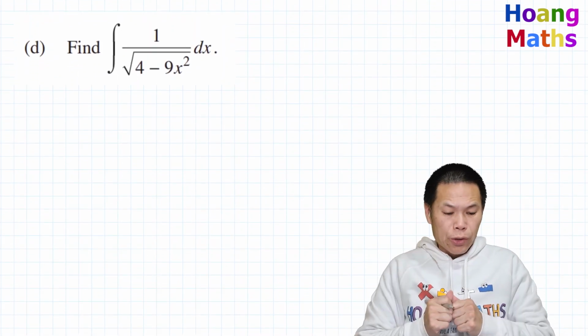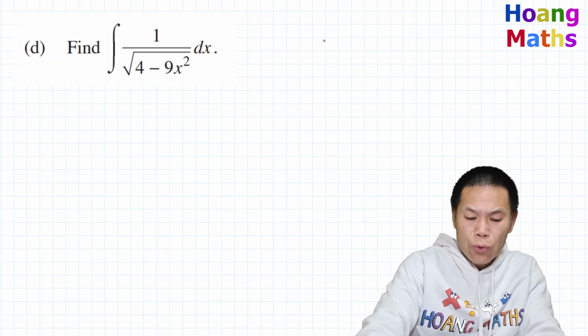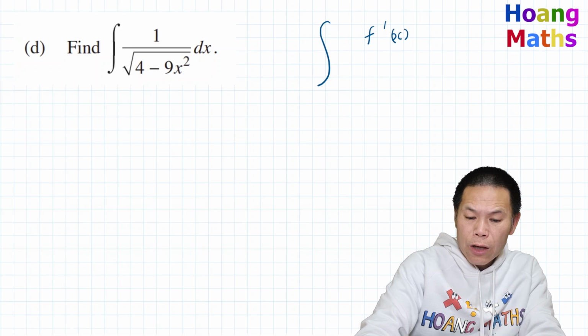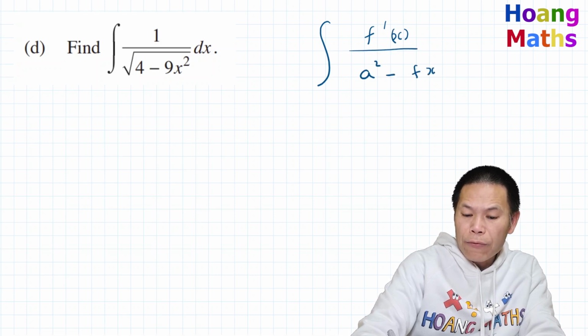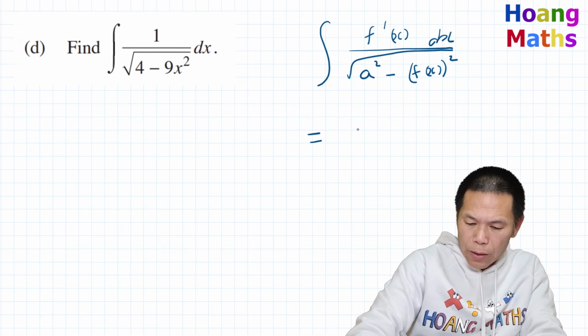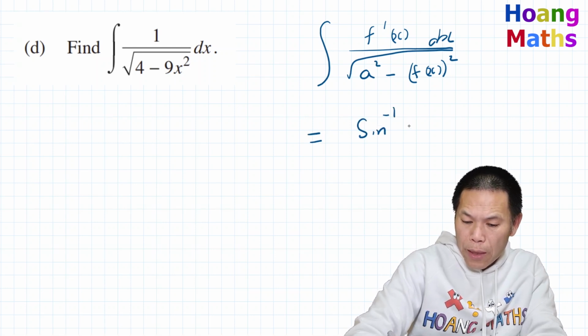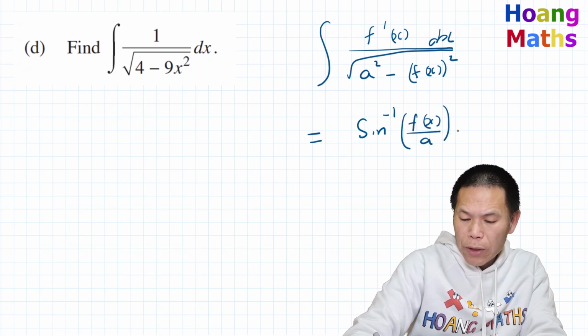Part D. So to integrate this, first of all, we know that the rule is if we integrate f dash x over the square root of a squared minus f of x all squared dx, it will give me sine inverse of f of x over a, and we add a c.